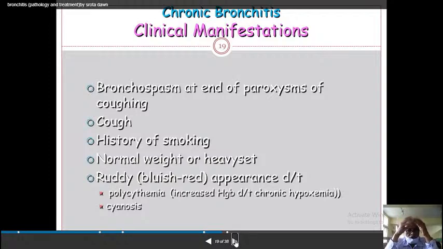There is a history of smoking, normal weight or heavy set, and a ruddy, bluish-red appearance may be present. Polycythemia, the increased hemoglobin per deciliter, and cyanosis may be present.